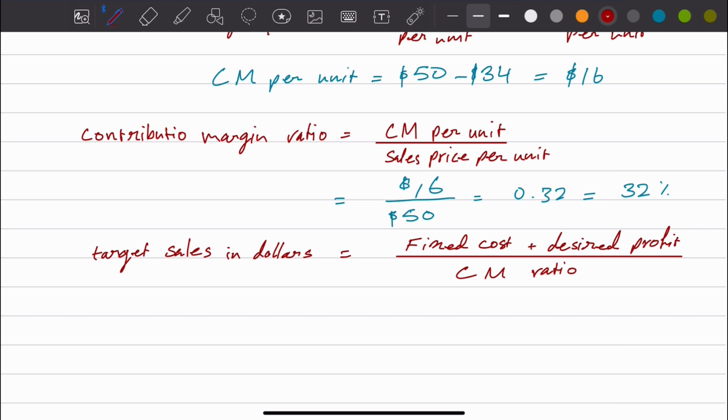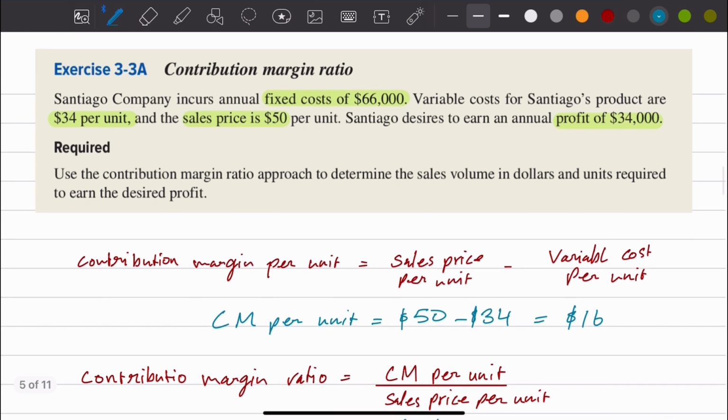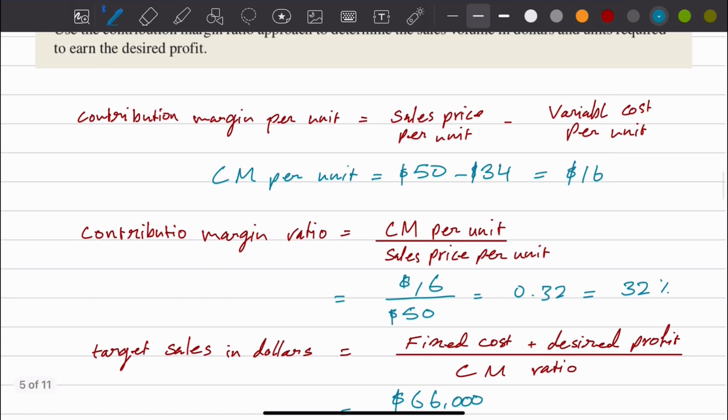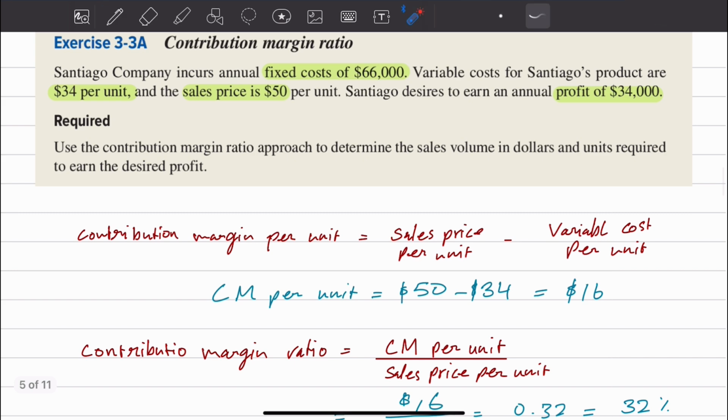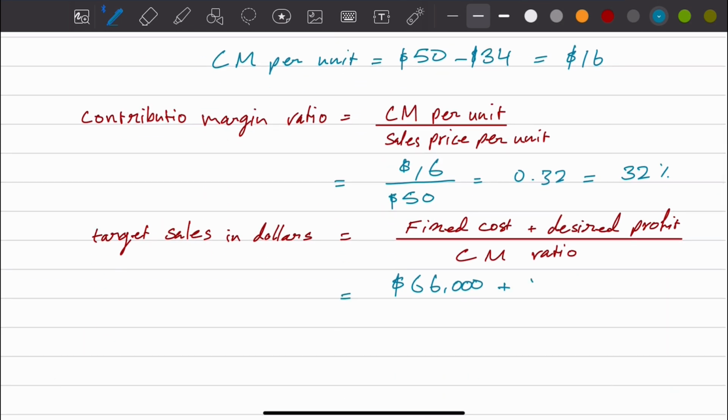Okay, so now let's substitute with all the data that we have. The fixed cost in this scenario is 66,000. And the target profit or the desired profit is $34,000. So we're going to add that. And then we're going to divide the total of these two by 0.32.